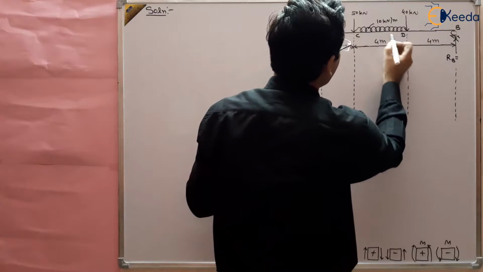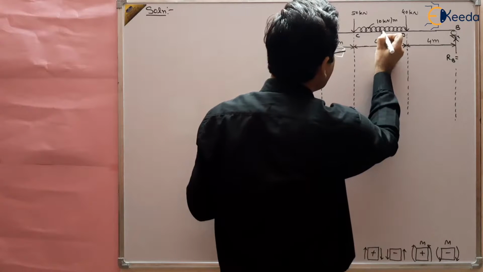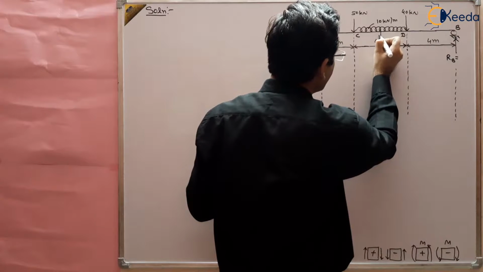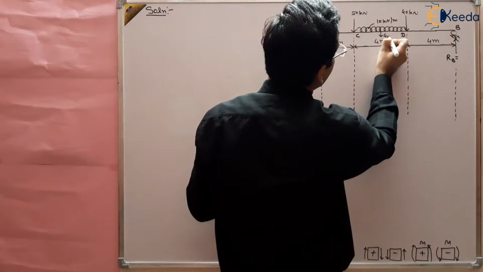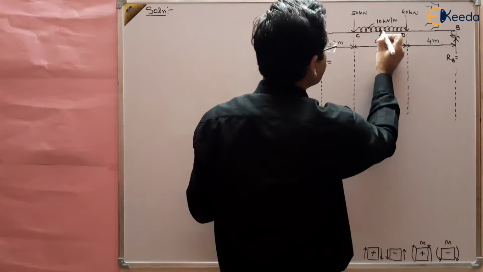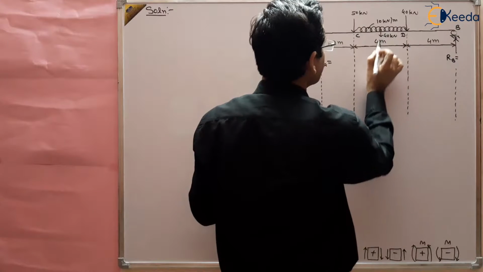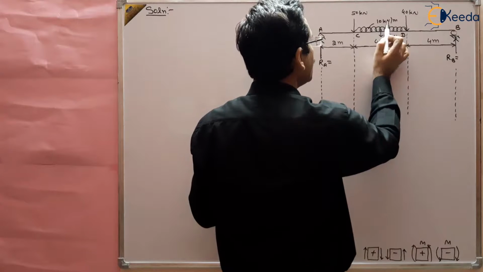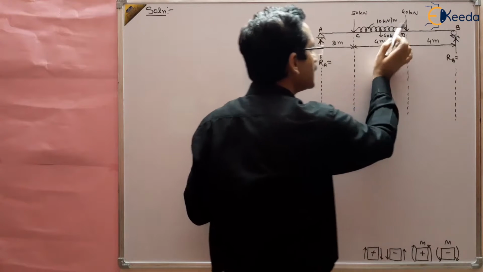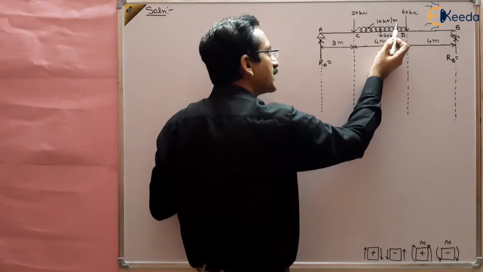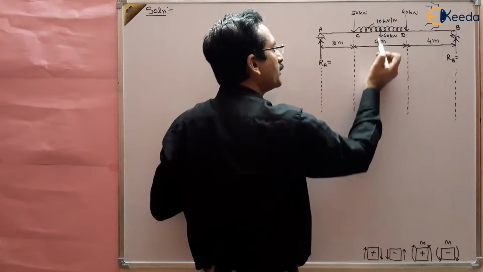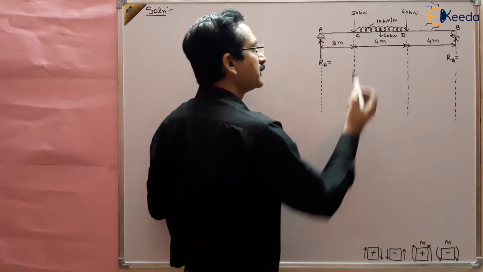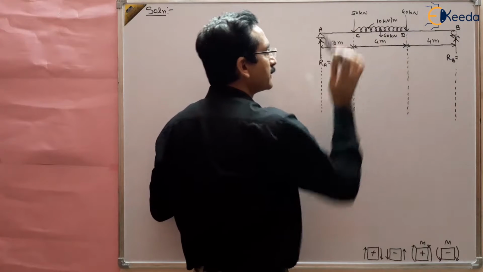This is UDL and it will be having a 40 kilonewton of load, at the center, at this point. Why 40? Because 10 kilonewton per meter is the linear force density, and if linear force density is 10 multiplied by 4, it will become 40 kilonewton, right? That's why we have written 40 kilonewton at the center.